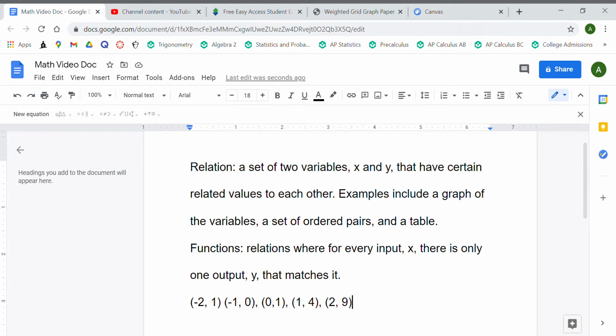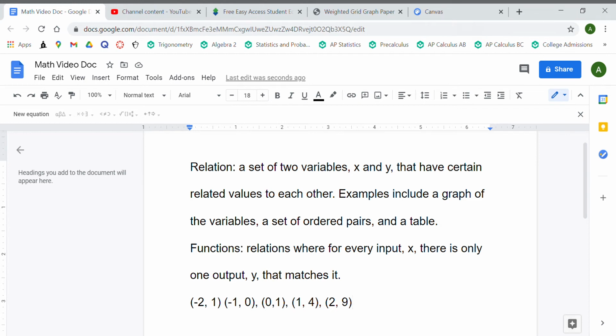Well, you need to see if there are any repeats in the x values, the variables on the left side. If there are any repeats, then we do not have a function, unfortunately.